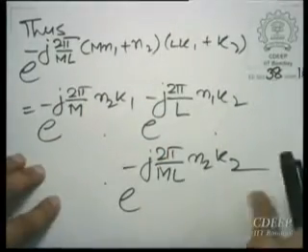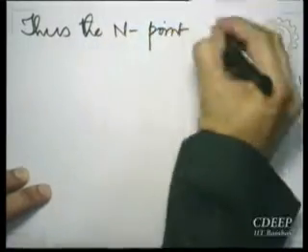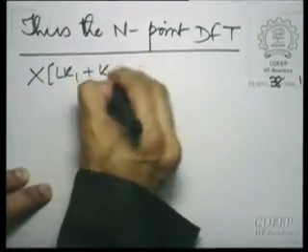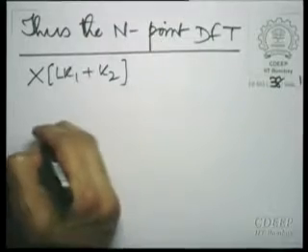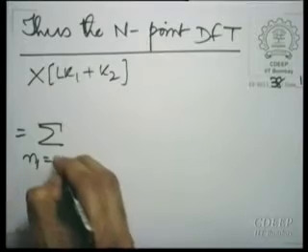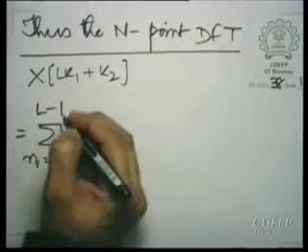So let us write down the discrete Fourier transform as follows. Thus the N-point discrete Fourier transform becomes x of L k1 plus k2 is, now we will take the summation on n1 outside, 0 to L minus 1.